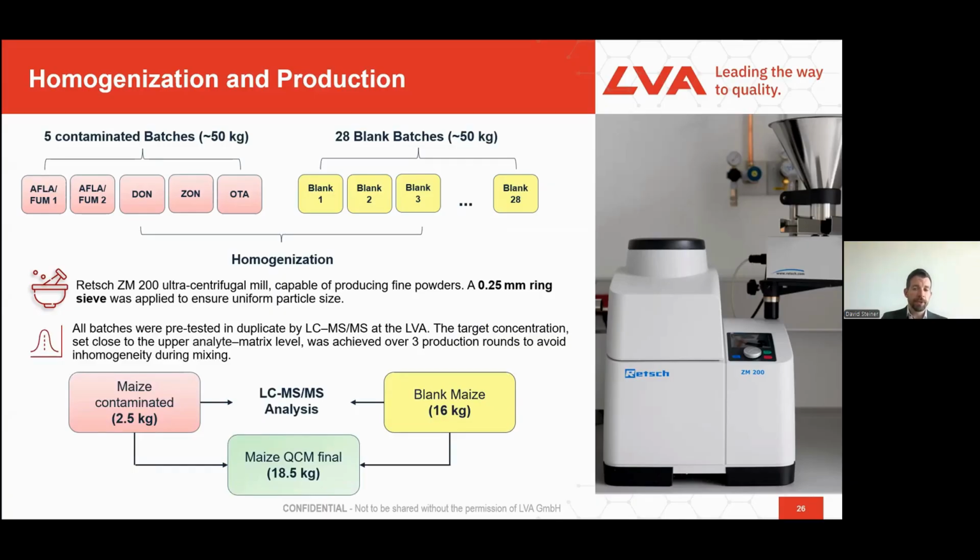And the final material was then produced in several mixing rounds, combining contaminated and blank maize to reach at the end the target concentration levels and really ensure that the material is fit for purpose and homogeneous. And after the production, the final batch was again analyzed by LC-MS to assess the overall contamination pattern and to obtain a first indication of the homogeneity.